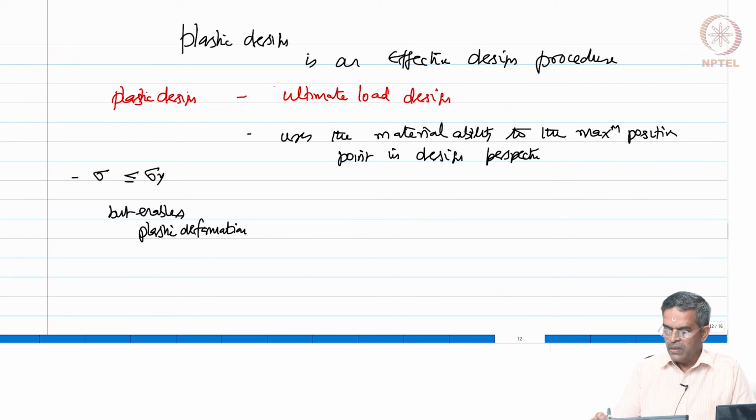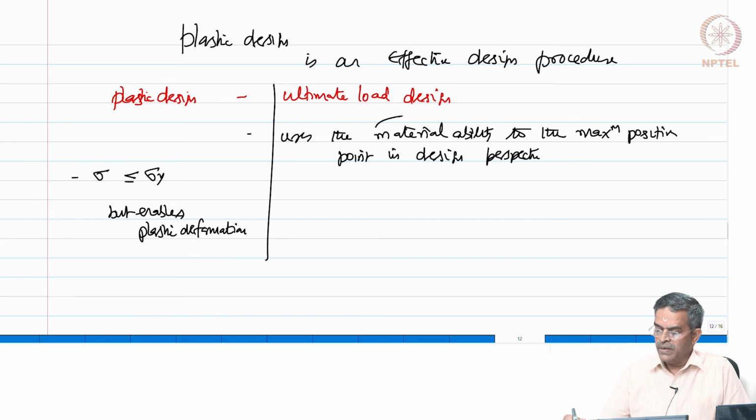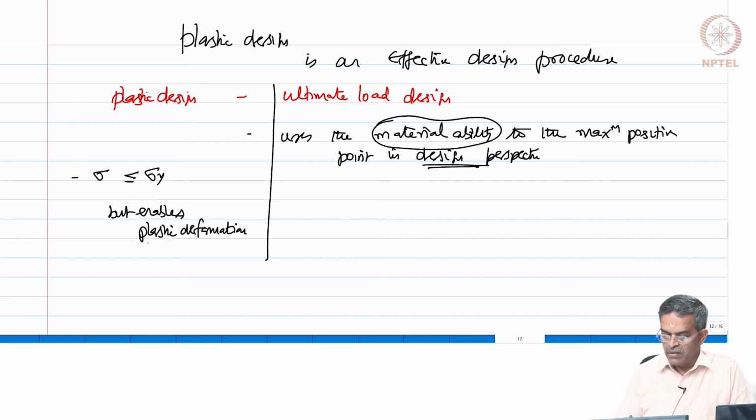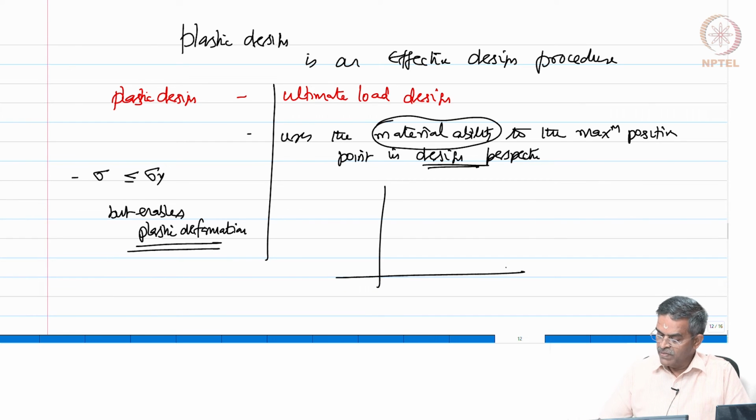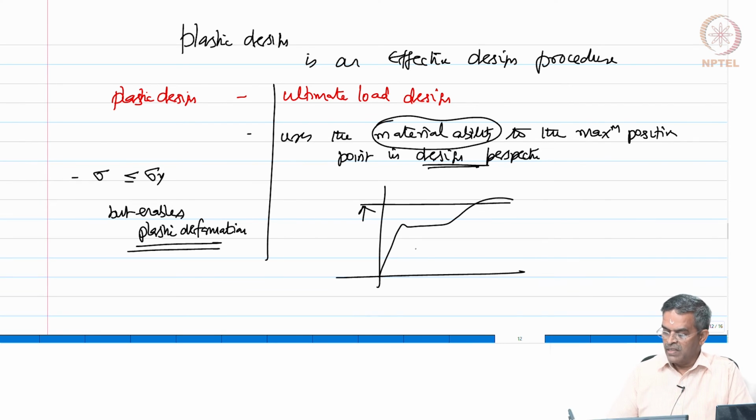So, one method uses the material ability to the maximum strength, the other method uses the material ability to the maximum deformation. Okay. So, simply look at this curve. One method uses it to the maximum strength, the other method uses it to the maximum deformation. Okay.